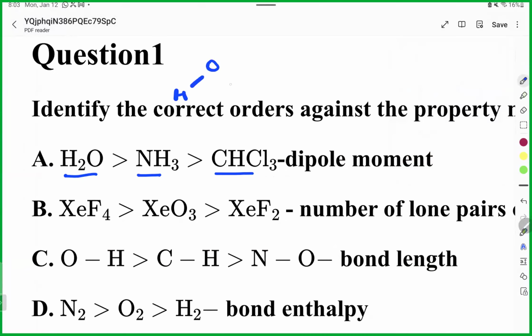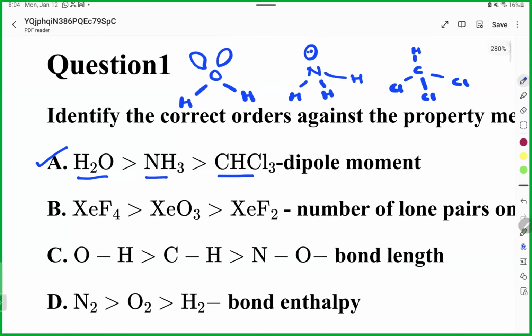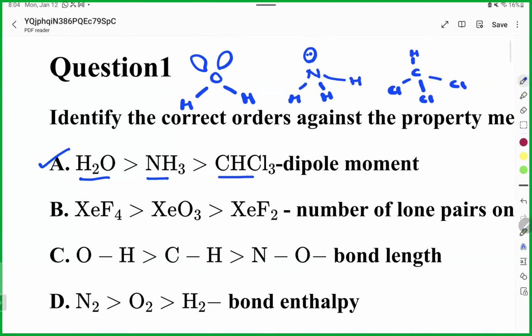Oxygen with 2 hydrogen and 2 lone pairs. Ammonia with 3 hydrogen and 1 lone pair. And CHCl3, Cl, Cl, Cl. This is correct. Correct? Any doubt? No, sir.